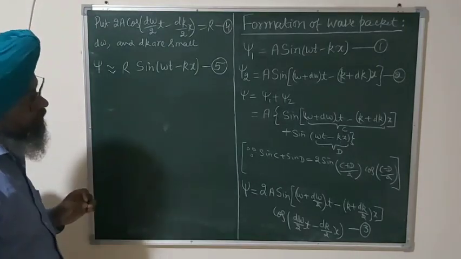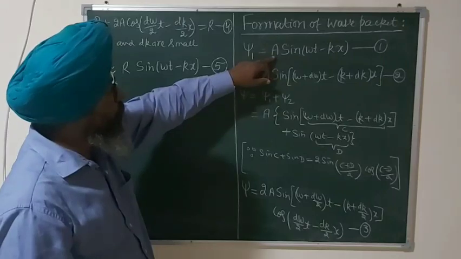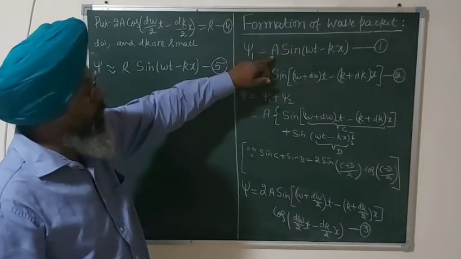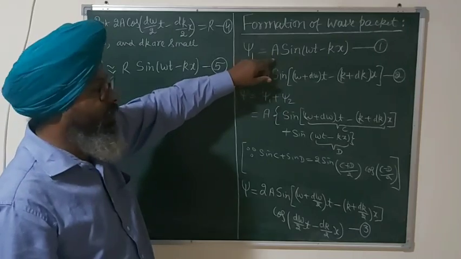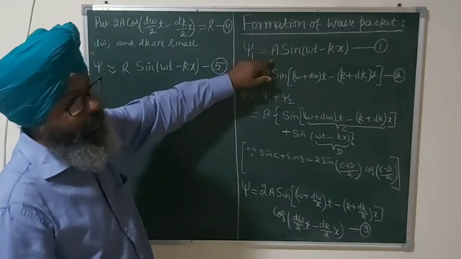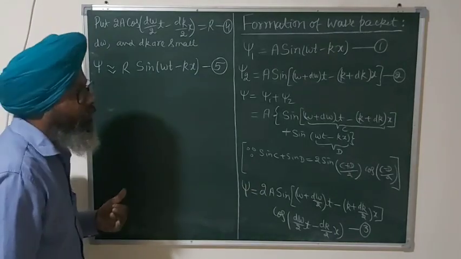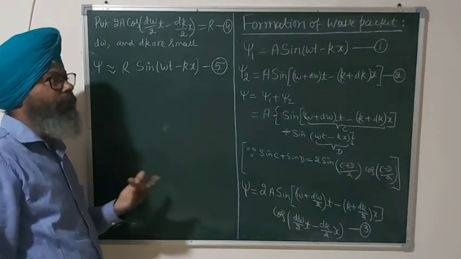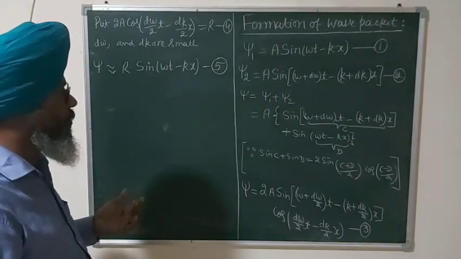However, what is the basic difference between the two? In equation 1 the amplitude A is constant everywhere, and this was problematic for us, because the square of the amplitude is the probability, and if the amplitude is constant everywhere, then the probability of finding the object everywhere in the universe will be the same, which is not possible for a physical object.